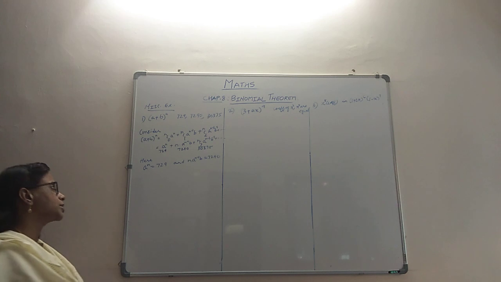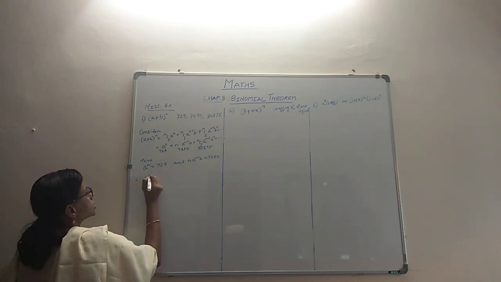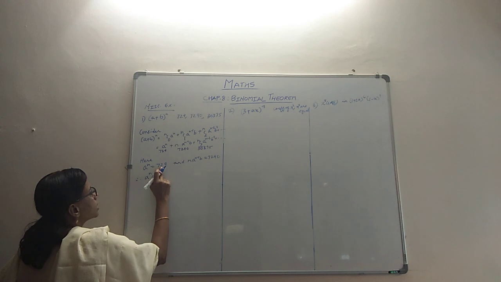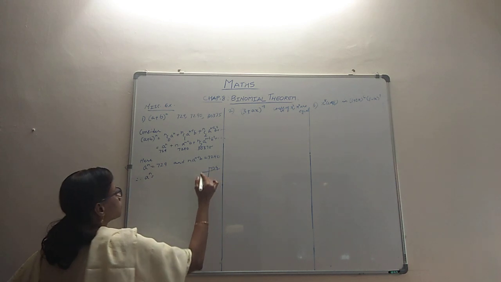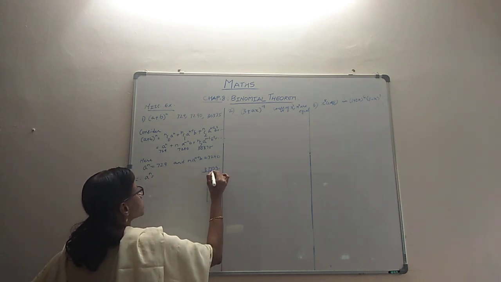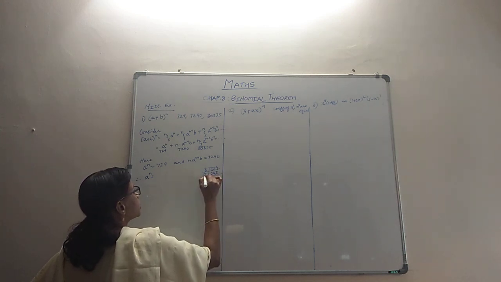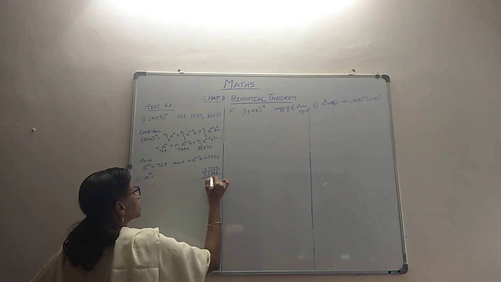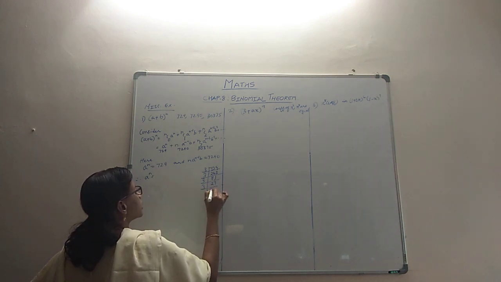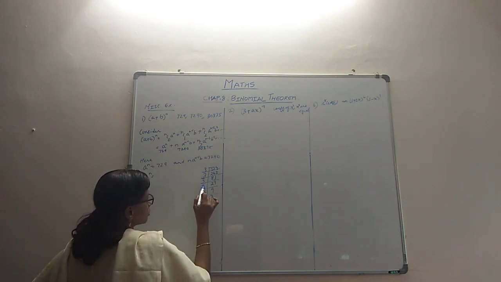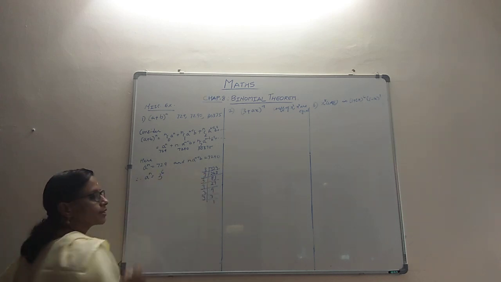So when we try to express it in that way, 729 is divisible by 9, it's a power of 3. 729 divided by 3 is 243, then 81, 27, 9, 3, 1. That means 729 is 3 raised to 6.